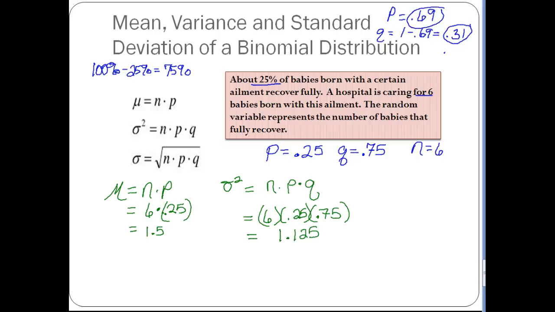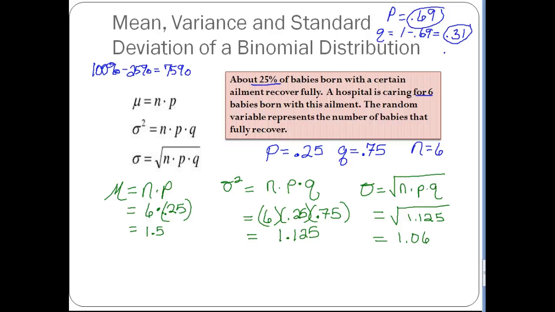And last, we will get our standard deviation, which is just the square root of whatever we got by multiplying n times p times q. So we're going to take the square root of 1.125, and that value is 1.06.